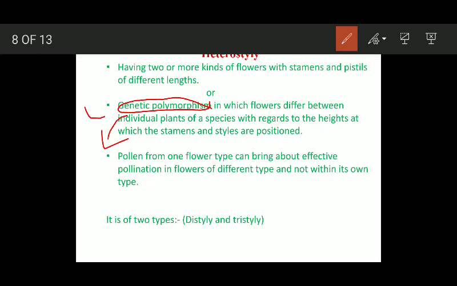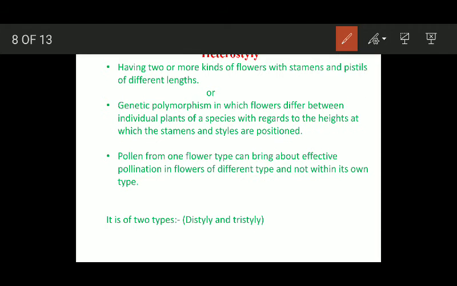The possession of two or more than two types of flowers is determined by genes. याद रखना, heterostyly is genetically determined, in which a plant species possesses either two or more than two types of flowers which differ with respect to the heights at which the stems and styles are positioned.